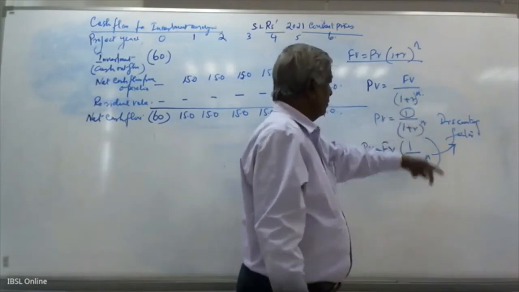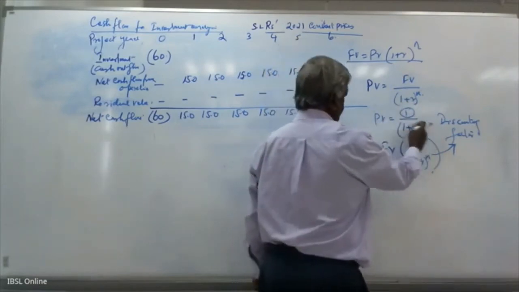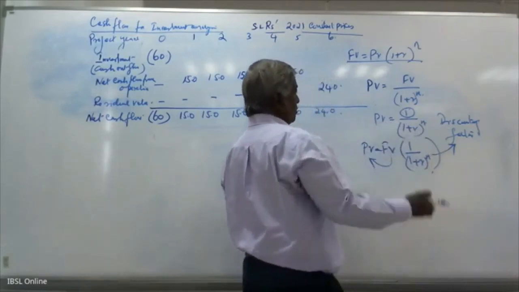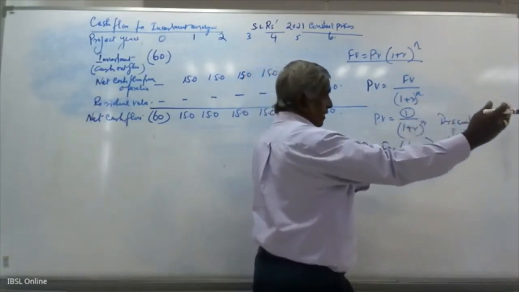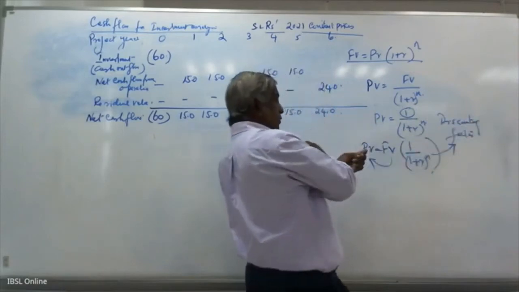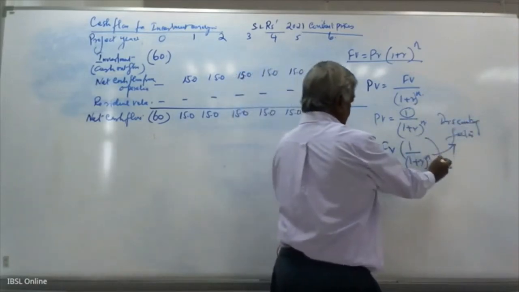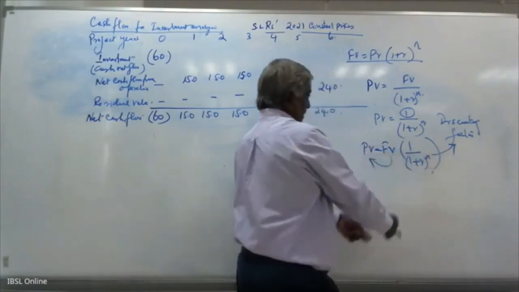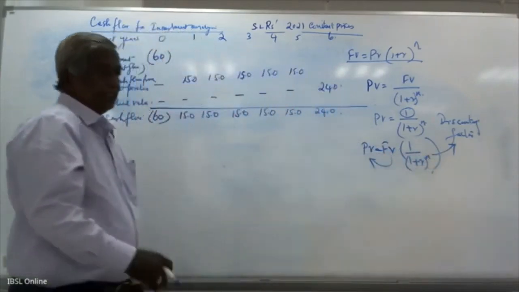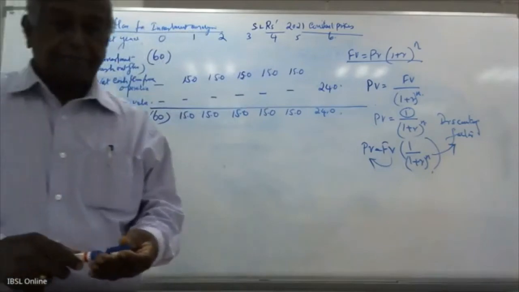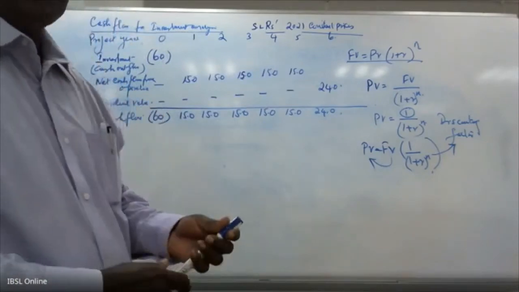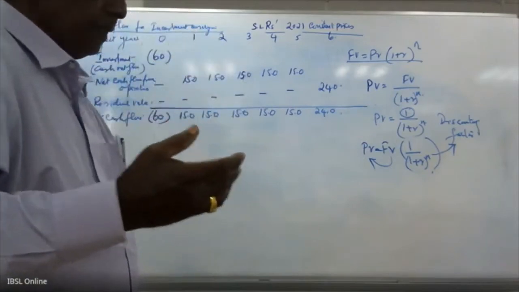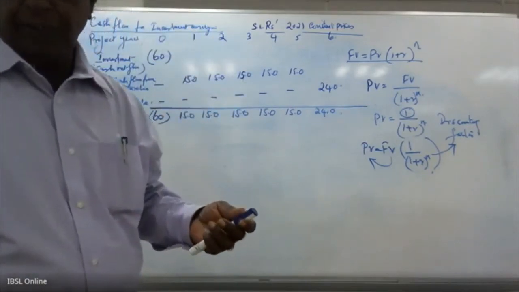That is the discounting factor. So to convert various future values to present value, you must multiply those future values by the discounting factor. First you calculate the discounting factor, and then multiply the future values by it.